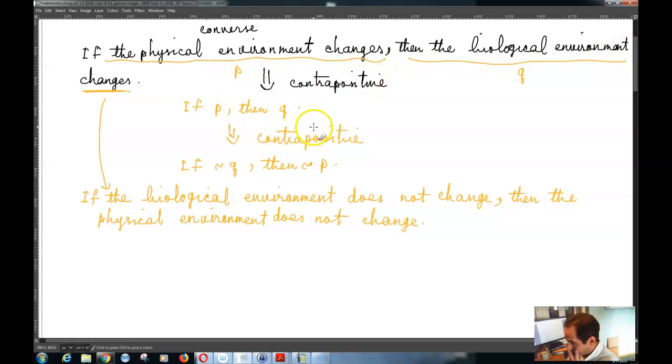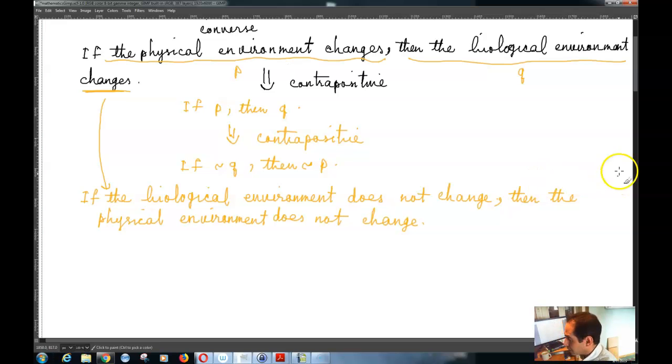Now the contrapositive of this statement is, if the biological environment does not change, then the physical environment does not change. Okay? Now you just hold on to this, and you need to verify it with the other cases that you might get. Otherwise, I don't really know how to make sense of this situation, because there are many different ways to do so. So hold on to this and see how you can safely make sense of it.